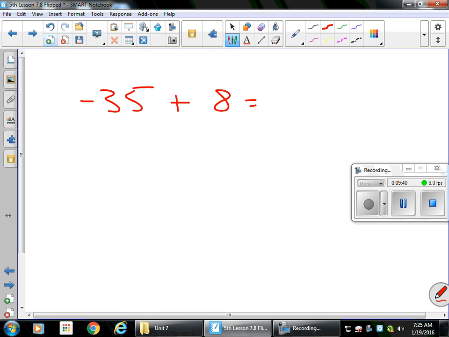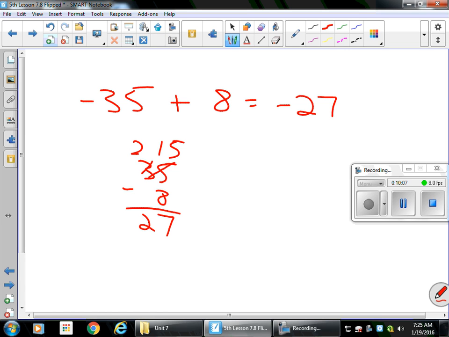Well, we know 35 is bigger than 8, right? So it would be a negative number. And then now I'm still in the hole, right? But I have +$8. So my +$8 are going to be taken away from this 35. So I'll just technically be subtracting this. So I have a 27, so my answer would be a negative 27. So it's the same exact concept, kids, but it's just going to be bigger numbers.